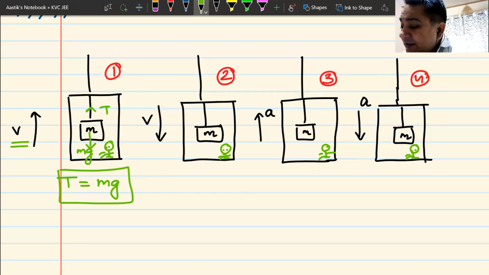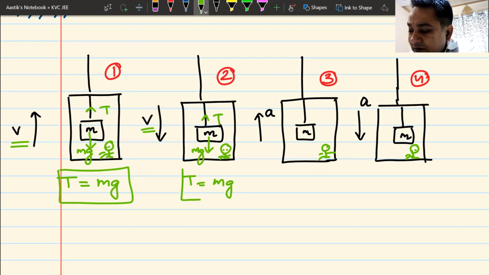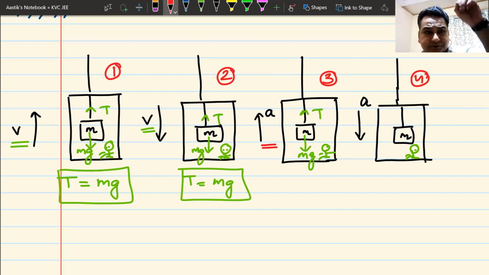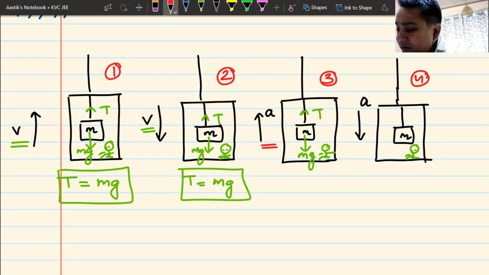Okay. Second case, again, real forces mg, real force T. It is moving with a uniform velocity, still inertial frame. T is equal to mg is the answer again in this case. In case number 3, T is upwards, mg is downwards, real forces, but this reference frame is accelerated upwards. So the pseudo force must be downwards.